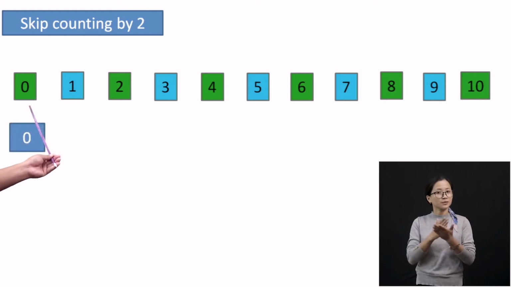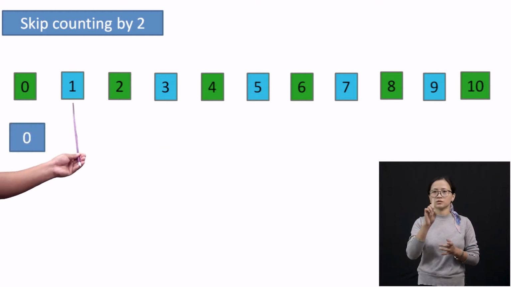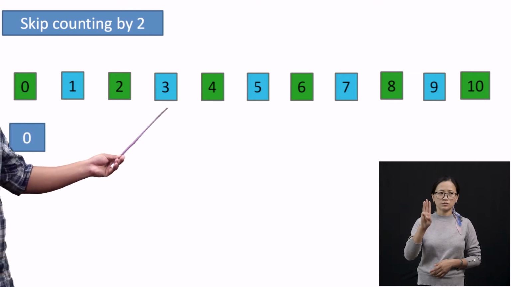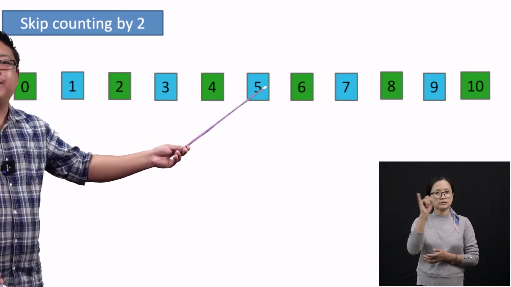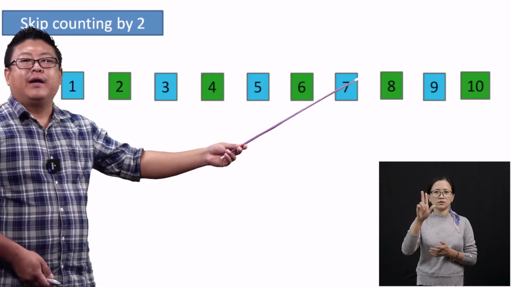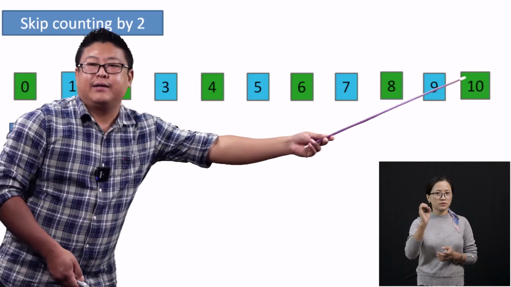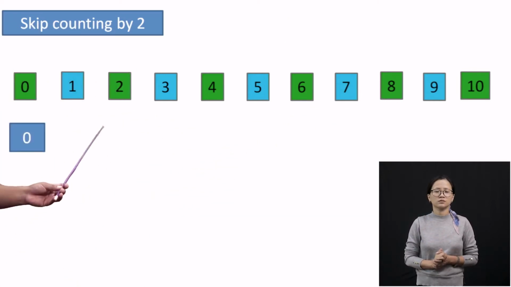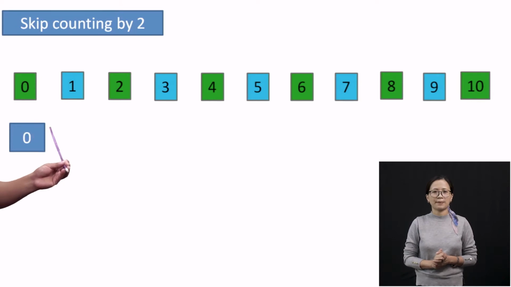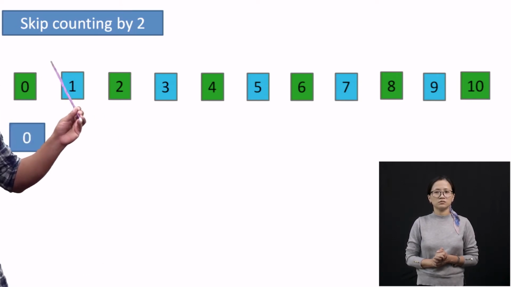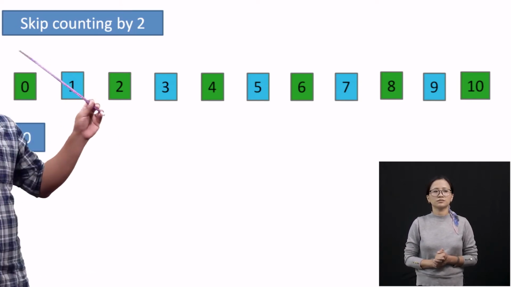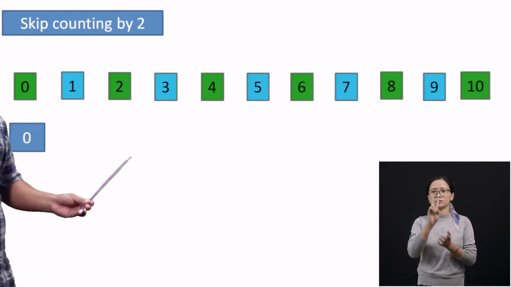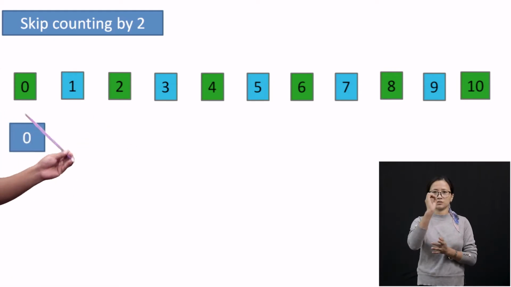Now, we have the numbers 0, 1, 2, 3, 4, 5, 6, 7, 8, 9, and 10. Okay, children? So, sorry, we will skip count by 2. So we will start with the number 0, all right?